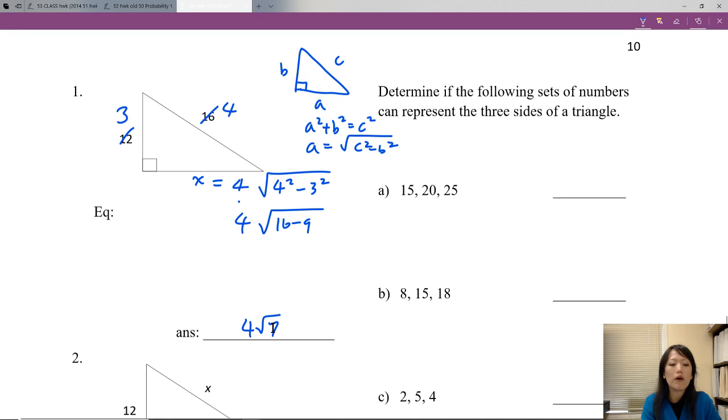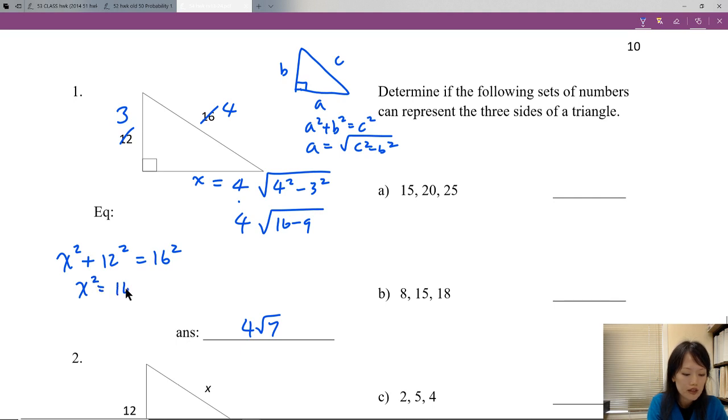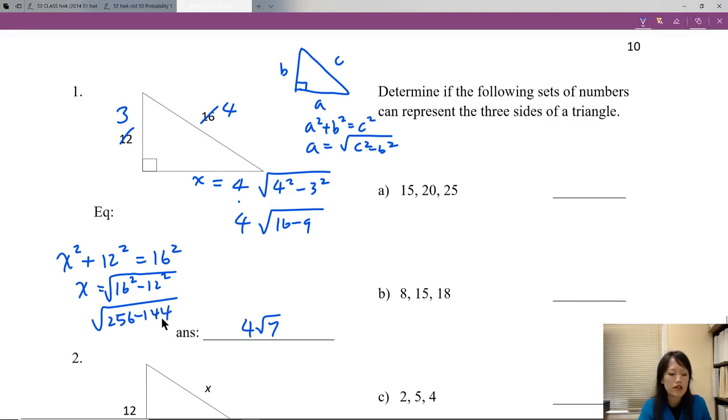Now let me do it the long way. The long way would be x squared plus 12 squared is 16 squared. Now let's say I didn't reduce it. I just do it and you see what happens. Then I have to square root it. The numbers are bigger and it's uglier to do because you'll get 256 minus 144. You subtract it and simplify it from there. It's not very nice.